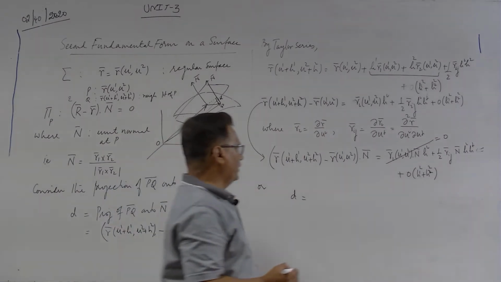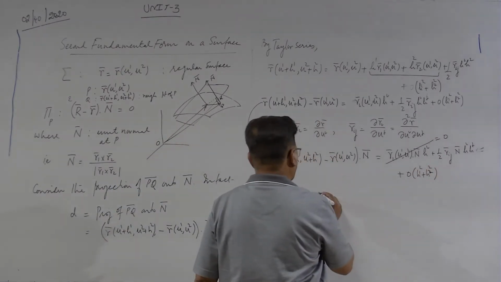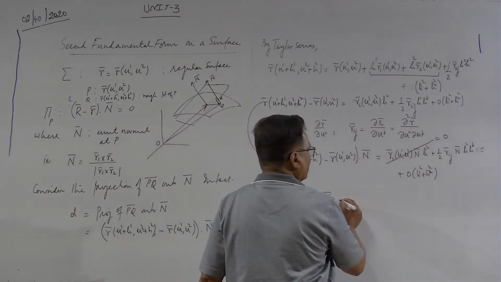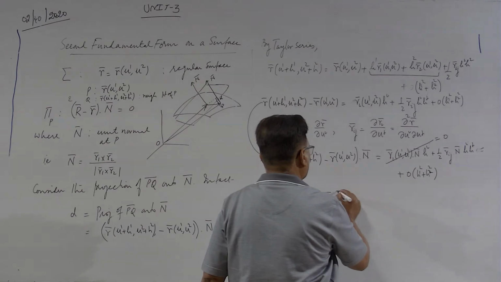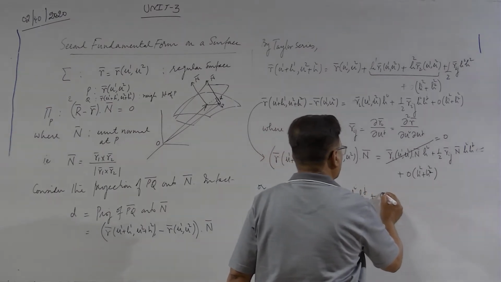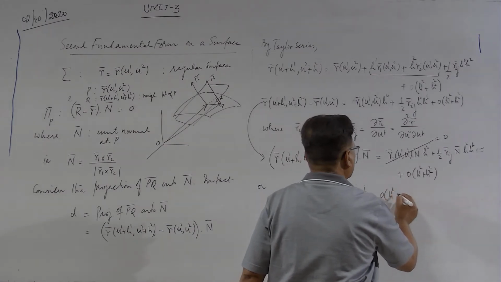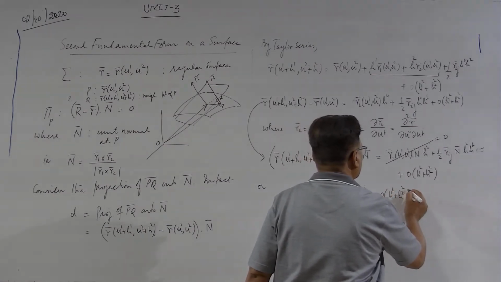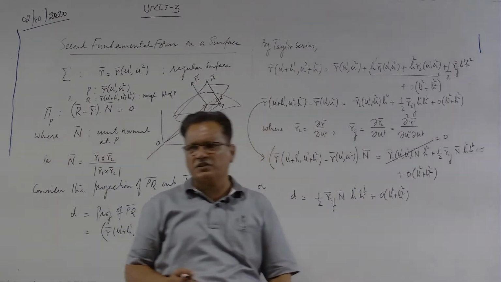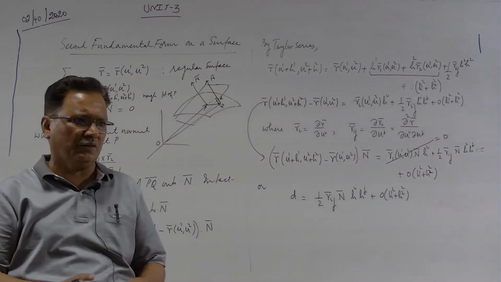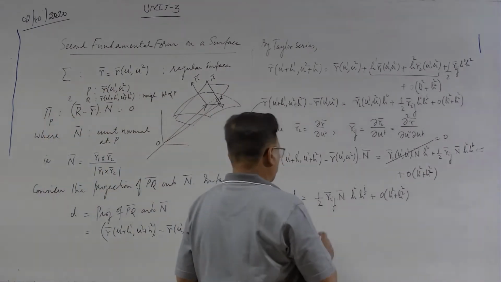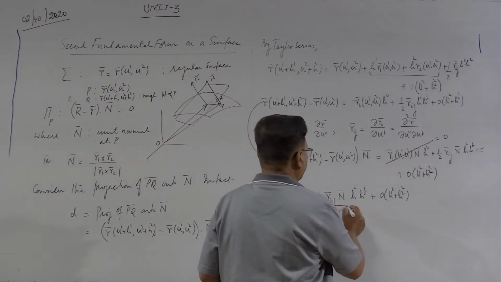So, what you are left with is only half of r_ij dot n into h_i h_j plus terms of the order of h1 square plus h2 square. I will not care much about these terms because they are tending towards 0 quite fast. So, d is for all practical purposes dependent on this quantity.